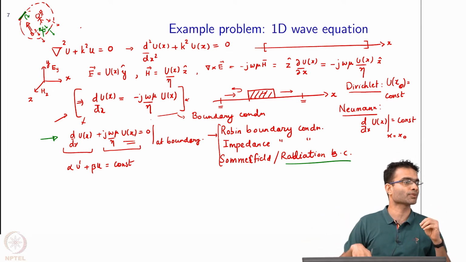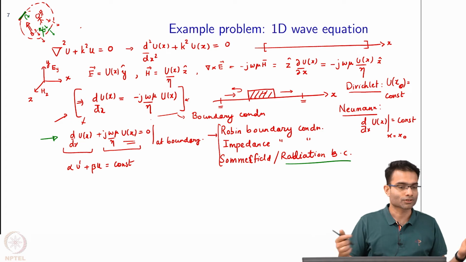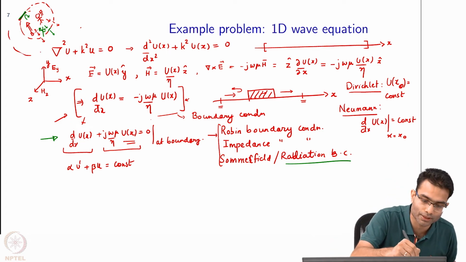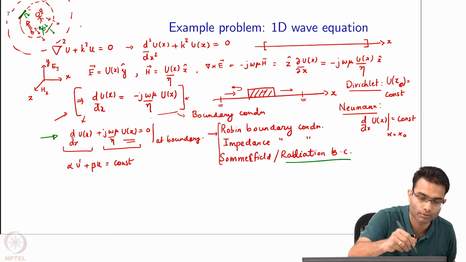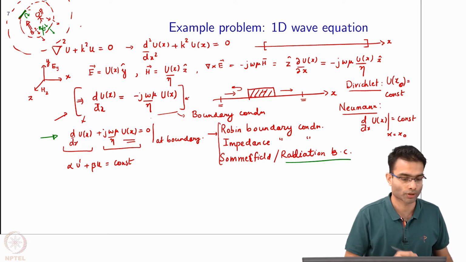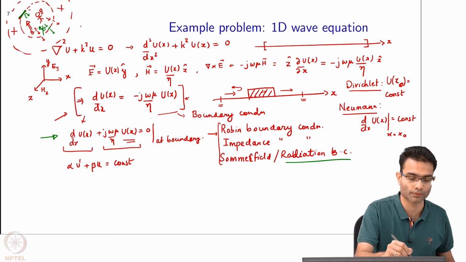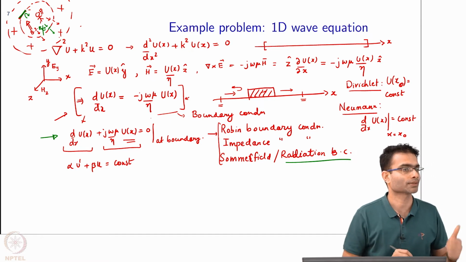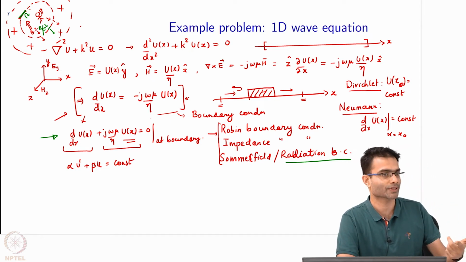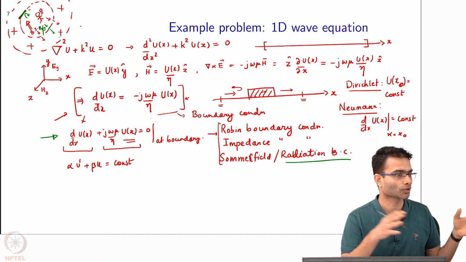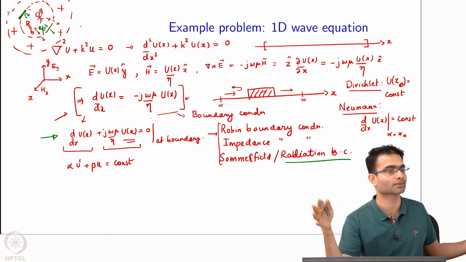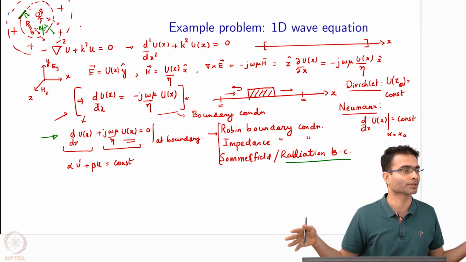What is the disadvantage of imposing it at 3 meters? Extra computation for no need, right. So, supposing this was your boundary, I can as well say, oh, I want to make this the boundary. Sure, do it, no problem. For no good reason, you are simulating all of this extra space. Extra physical space translates to larger computational domain, larger size of matrix, more computation time, more RAM, everything, for no good reason.